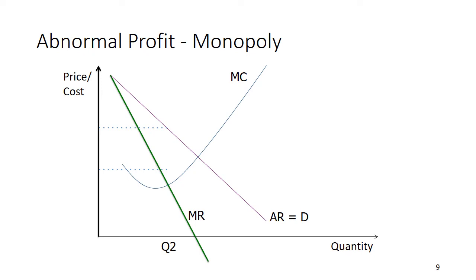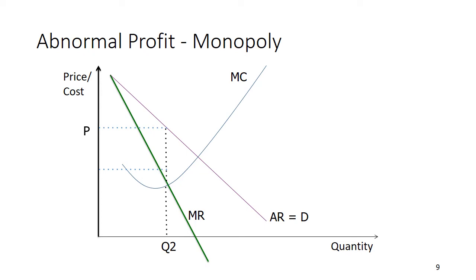You can find the equilibrium point where MC equals MR as usual, and through that you can draw the line to the demand curve to find the price they charge, and the quantity they are selling is this much.